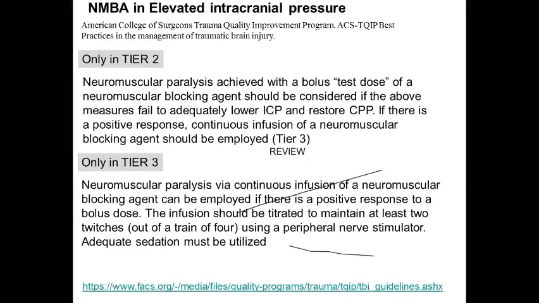See the response of the ICP. If the ICP comes down after your bolus of neuromuscular blocking agent, then you go to stage 3 of continued infusion for 24 hours and reassess afterward. But do not give it routinely unless the ICP is high, you give a bolus, and you show the evidence of benefit from giving the neuromuscular blocking agent.